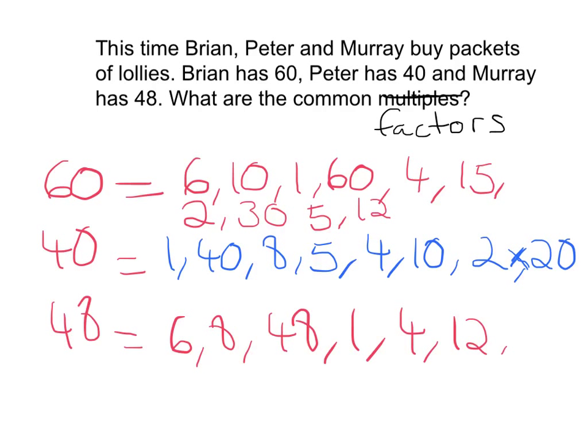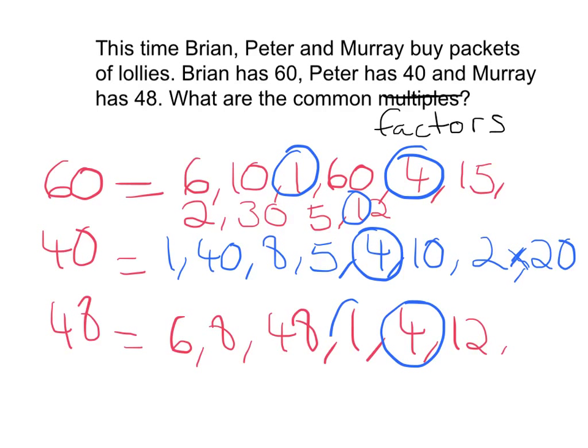You'll notice that a common factor between all of them is the number 4. For the most part, common factor, not common multiple, common factor. We don't worry about the 1 because all numbers have that as a common factor.